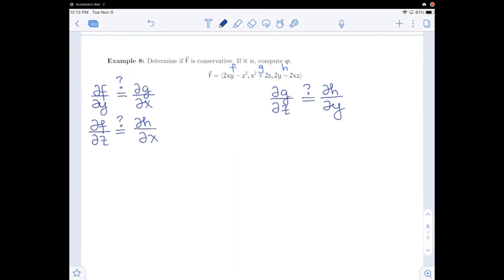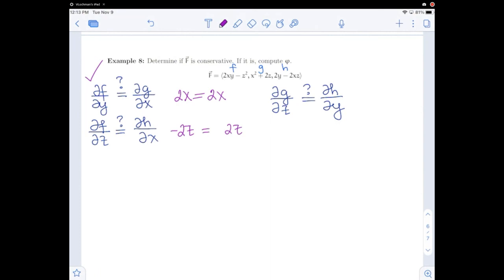All right, let's see. df/dy, what is that? I'm going to get 2x. dg/dx is also 2x. So the first equation is good to go. Now df/dz, what do we get here? df/dz is 2z. The dh/dx, not dz, is also 2z.